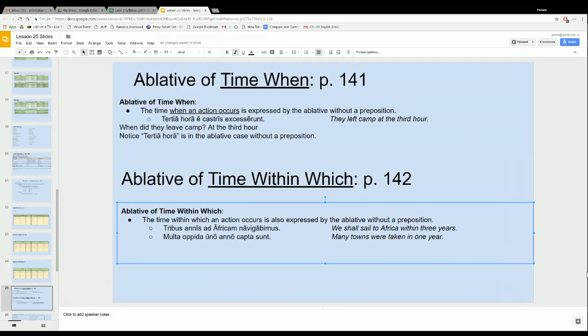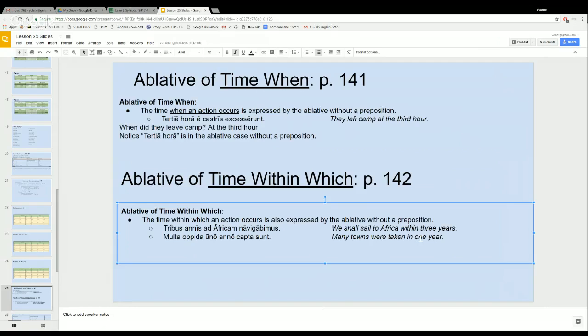Even if you were to say "in 3 years' time," it's still more the idea of within 3 years.